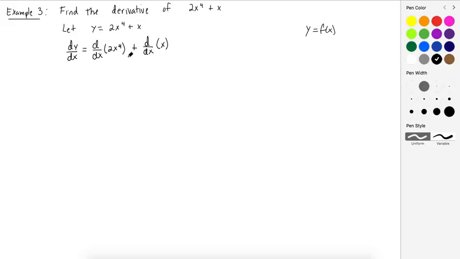Okay, so now using what we've learned about the derivatives, we can simplify this a little bit further.